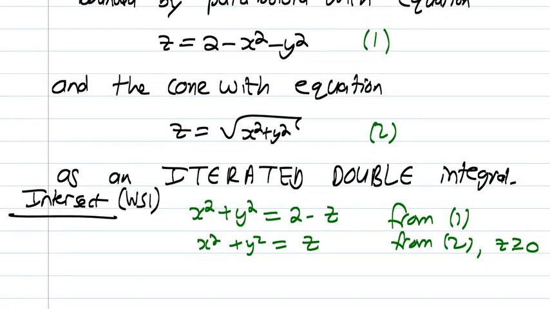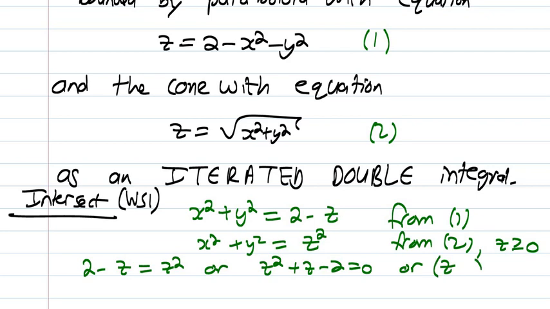Now if x squared plus y squared is 2 minus z, and x squared plus y squared equals z squared, sorry about that, that should be z squared, we see that 2 minus z equals z squared, or z squared plus z minus 2 equals 0. We can factorize this.